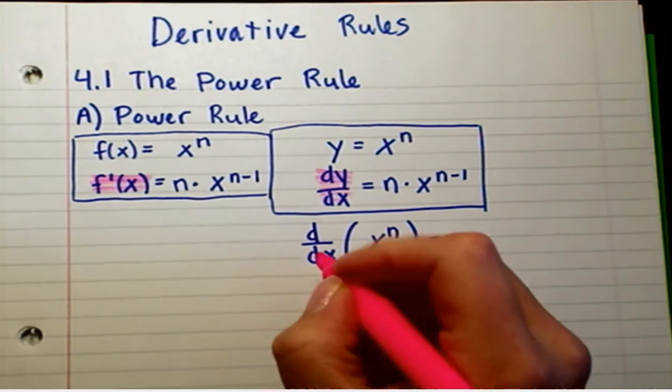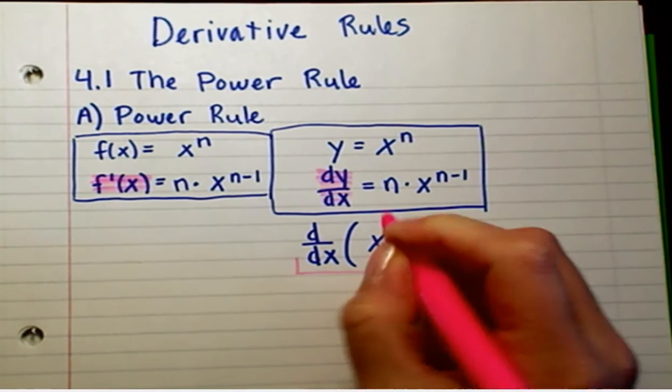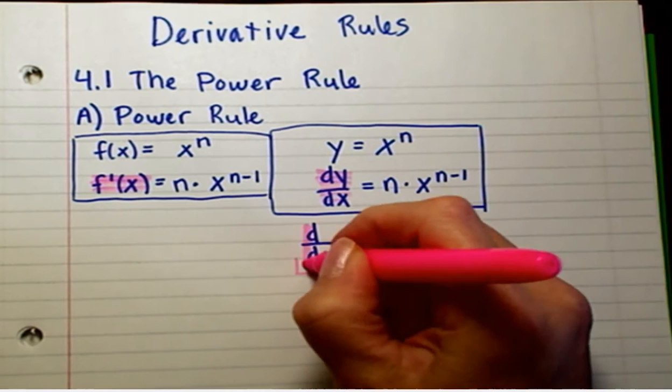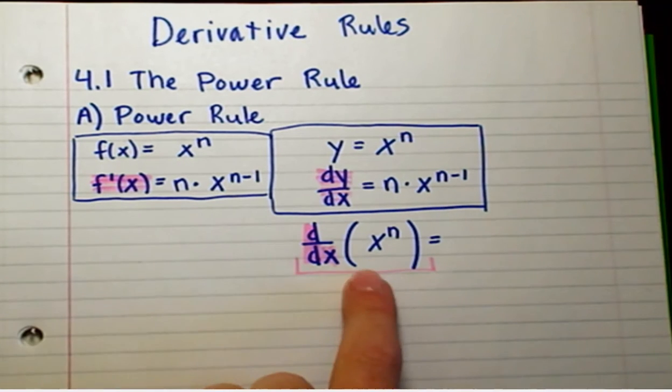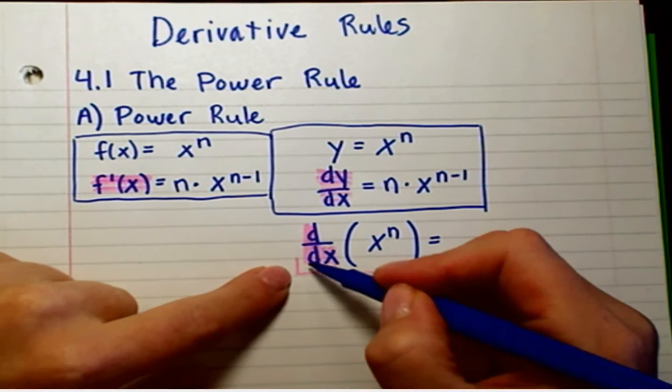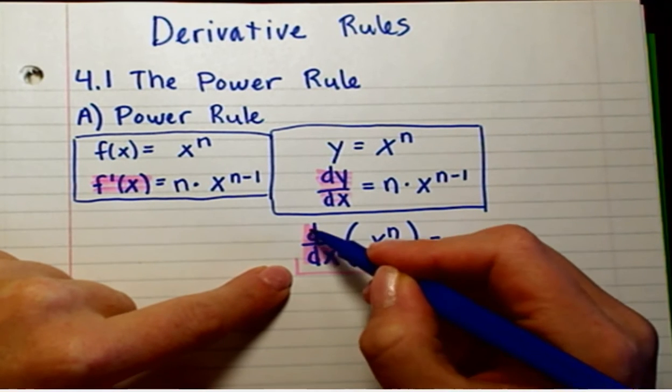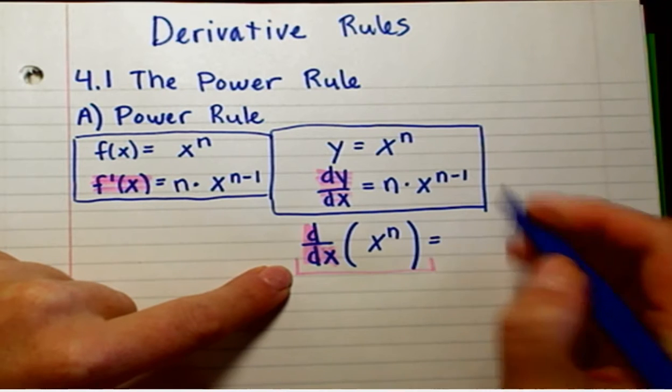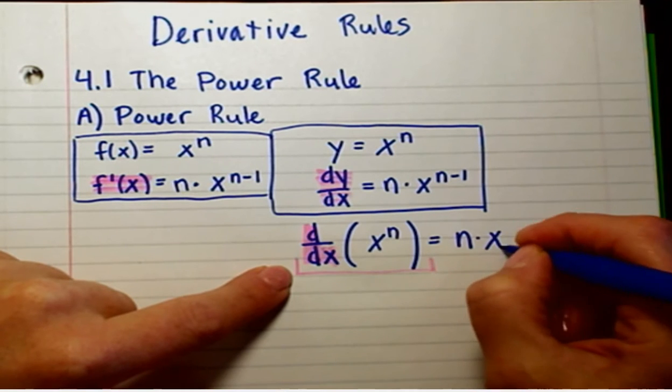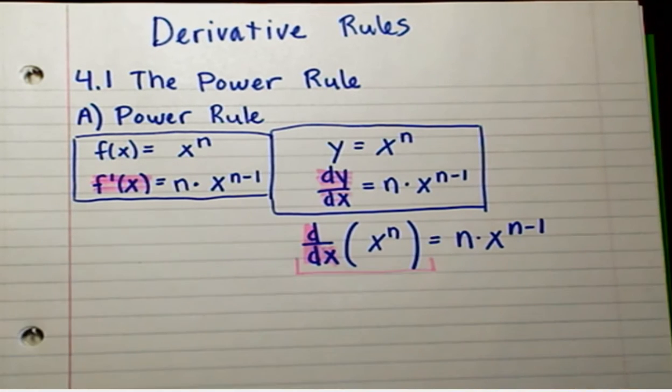This whole thing means find the derivative of this thing in the parentheses. So this is a notation. D dx, the derivative of this thing, is the power rule. Okay?